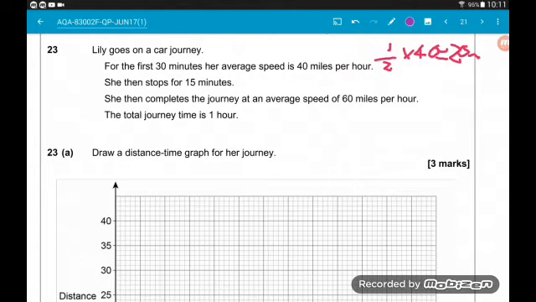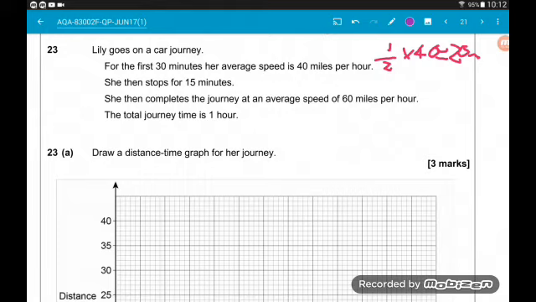At the moment we have travelled for 45 minutes, so there's 15 minutes left, and we need to know how far she's going to travel in 15 minutes at 60 miles per hour. Remember, there are 60 minutes in an hour. If we're going at 60 miles an hour, we are going 1 mile a minute. So in this final part of her journey, she's going another 15 miles.